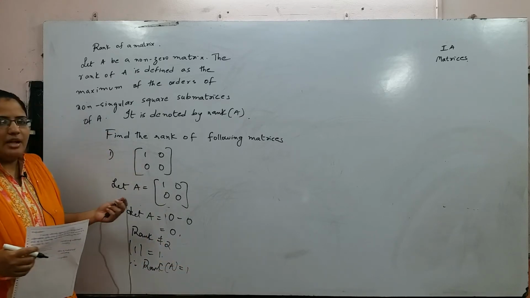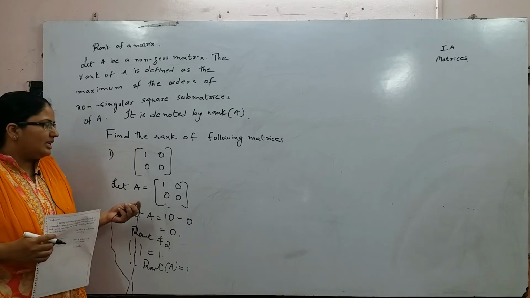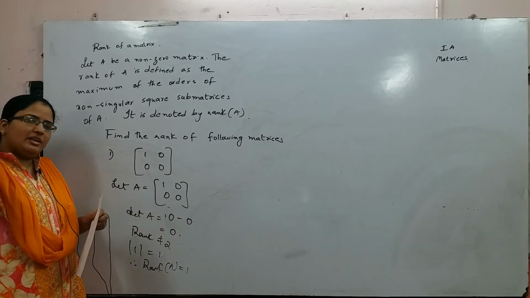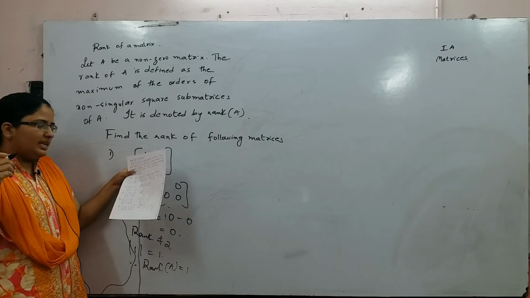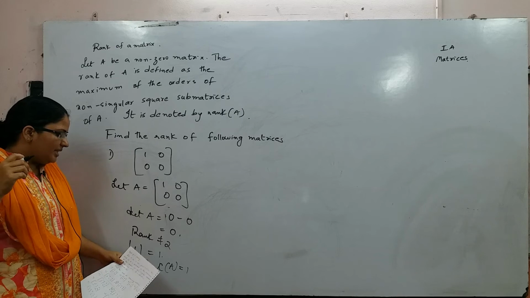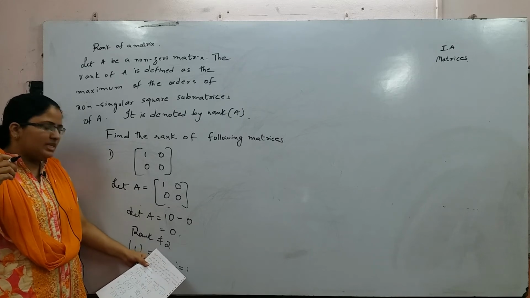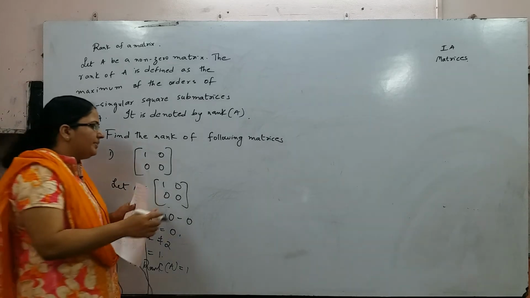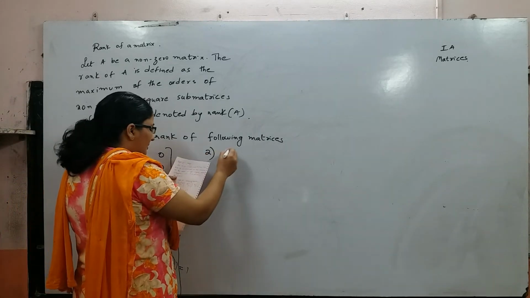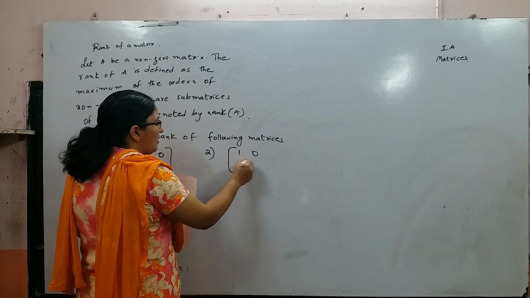We find the rank by using the concept of determinant. Suppose the determinant of a 2 by 2 matrix is 0, we will go for a single element. We will find the determinant of a single element, that will give you the same element. So rank of A is 1. Next, 1 0 0 1.